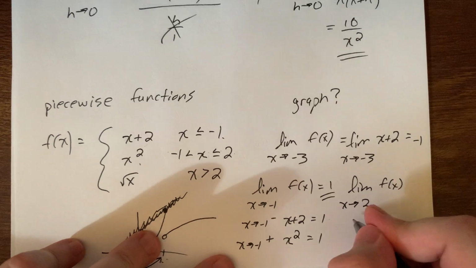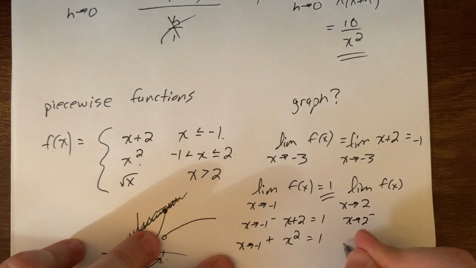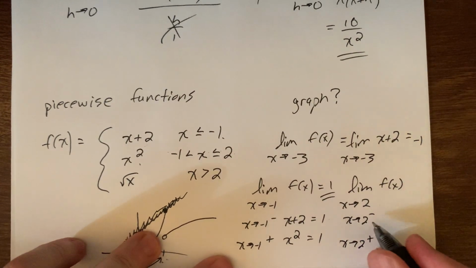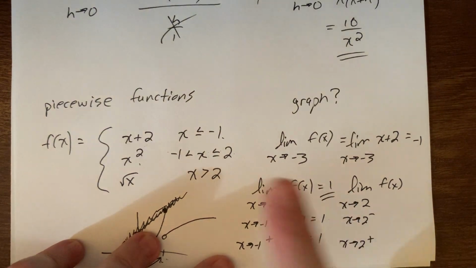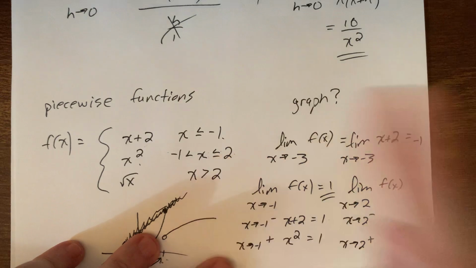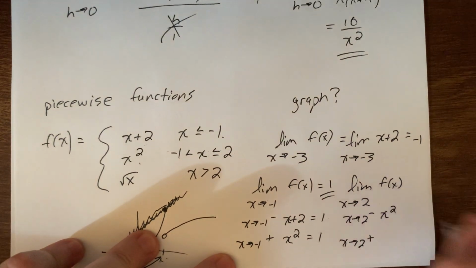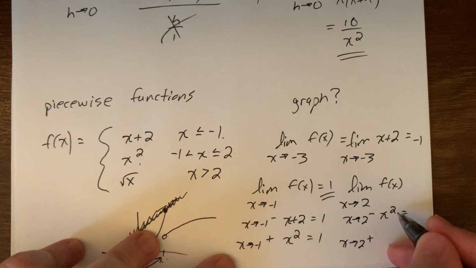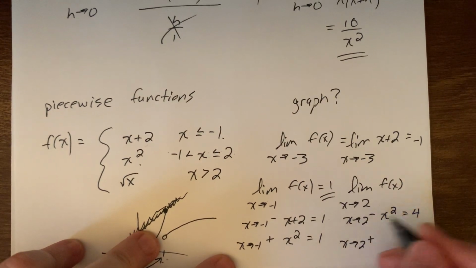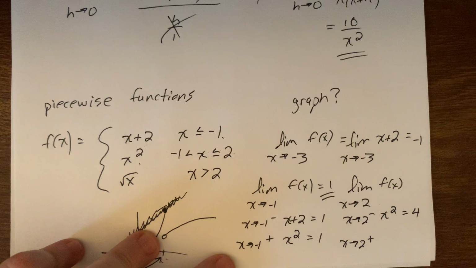Now let's try that with 2. From the left, 1.7, 1.8, 1.9, my x's fall into this category, so I will use x squared. Now I could just plug in 2, and as x approaches 2, my y would approach 4.